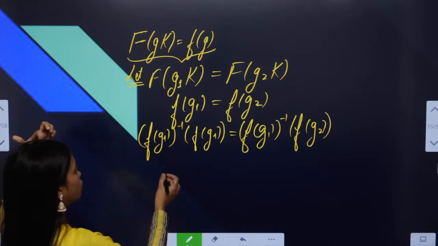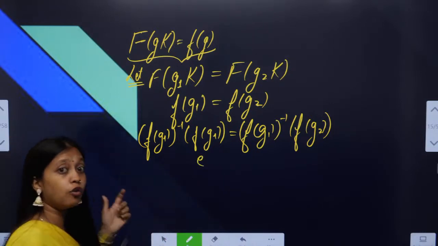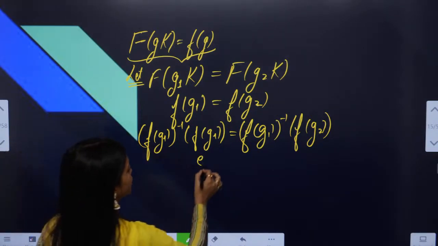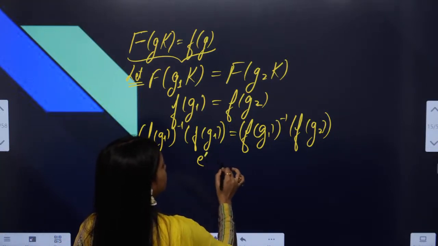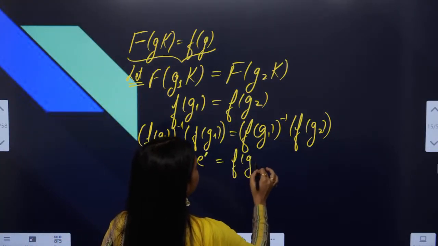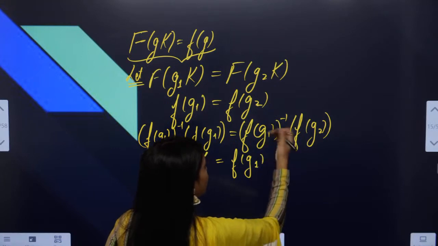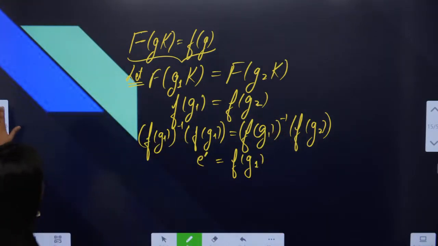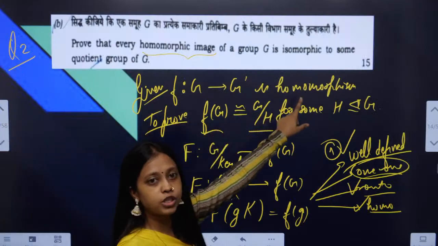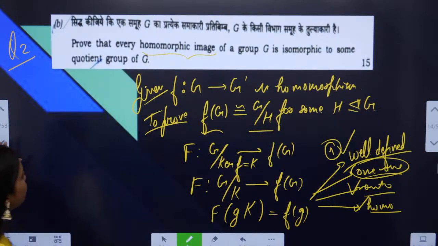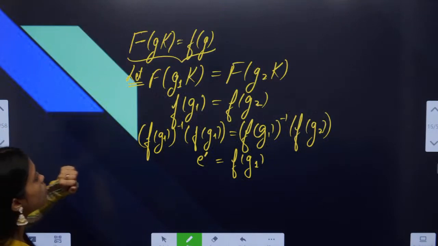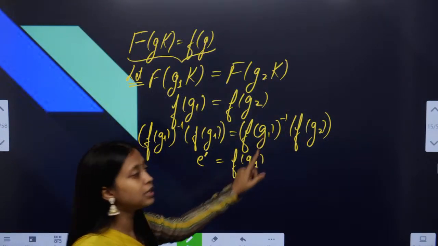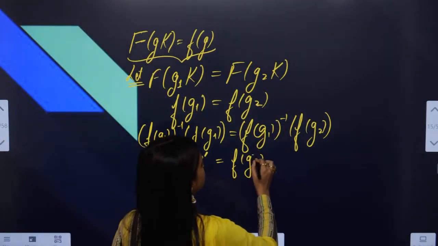So, this becomes the identity of G dash, let it be e dash, equals f of g1 whole inverse. Now, you see, f is not 1-1, but f is a homomorphism. That was the one thing that was given in the question. Use the property of homomorphism over here. You can take that inverse inside. This is nothing but f of g1 inverse.